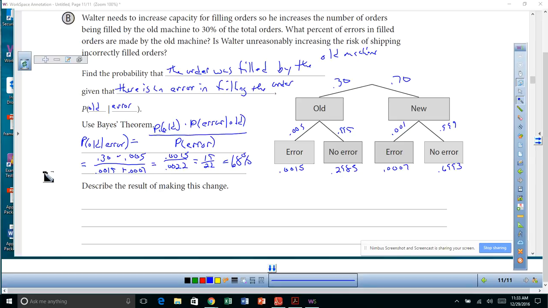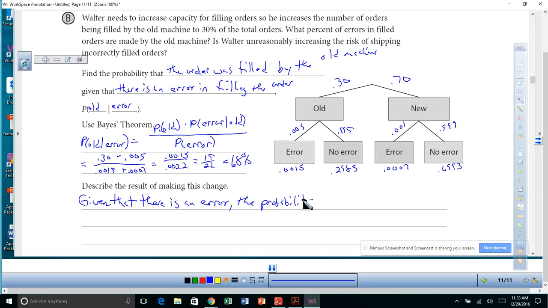Given that there is an error, the probability is about 68% that the old machine filled the package.